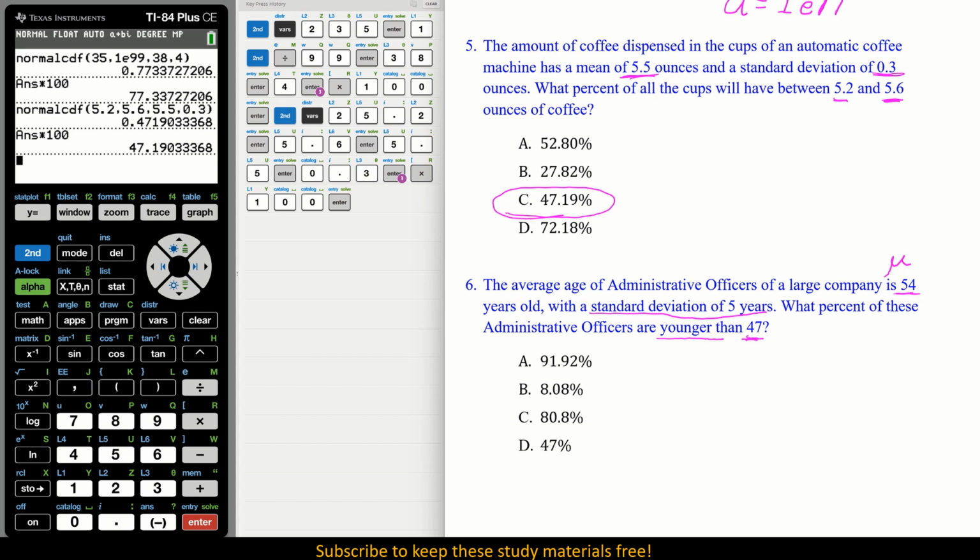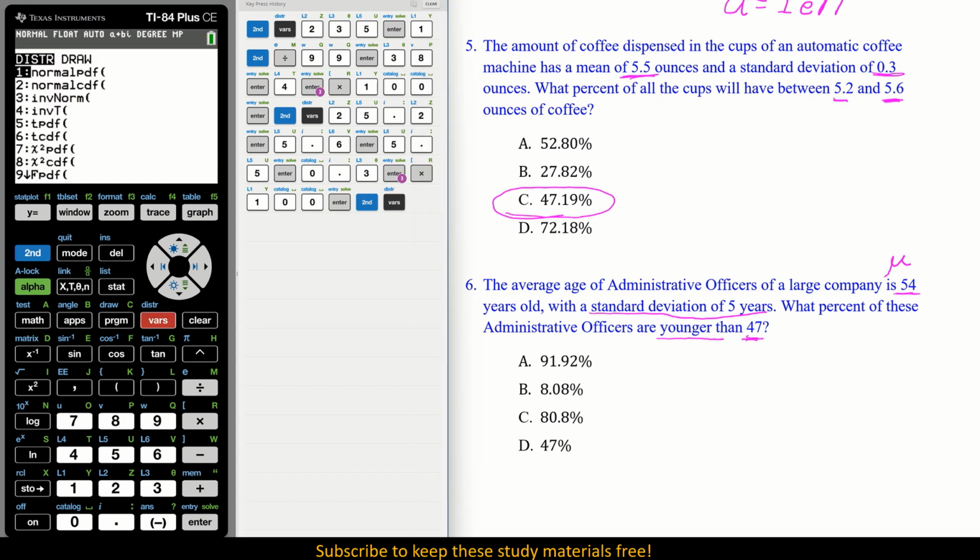We want everything below. So that means we're fine. If we're not needing to include the 47, then we can enter the numbers as we see them in the problem and make an adjustment for only having an upper value. Okay, so second vars, number 2, and our lower.